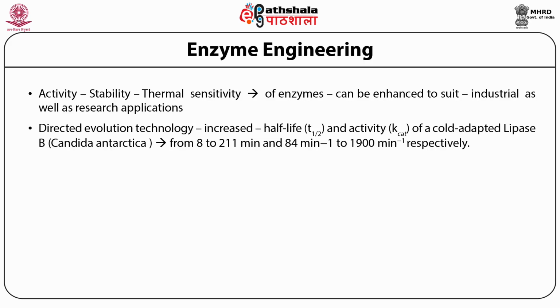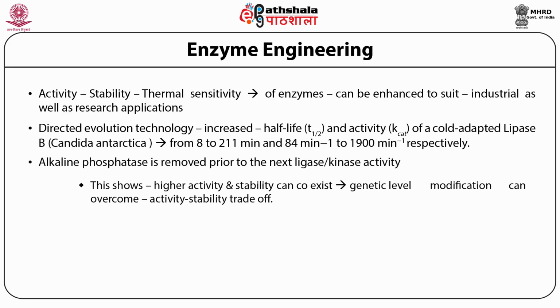So we see that genetic level modification of these enzymes, using structural information to bring about changes in their structure, can lead to improvement in various aspects of these enzymes.